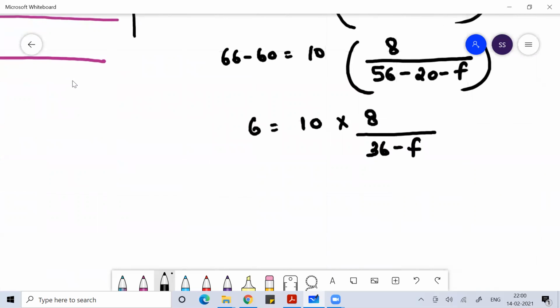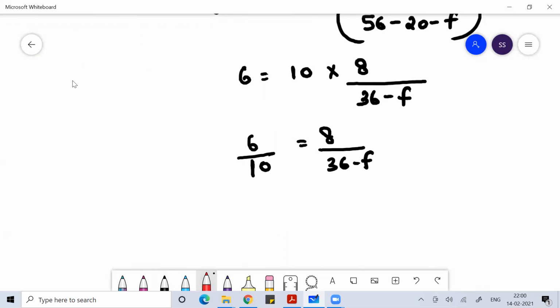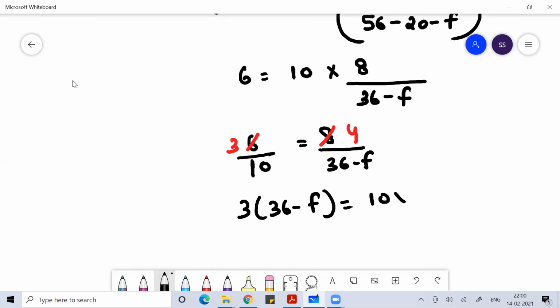If you bring 10 to this side, you can write this as 6 by 10 is equal to 8 by 36 minus f. Fine, so you can cross multiply, or you can simplify this as 3 over 5, this is 4. And then you can cross multiply.